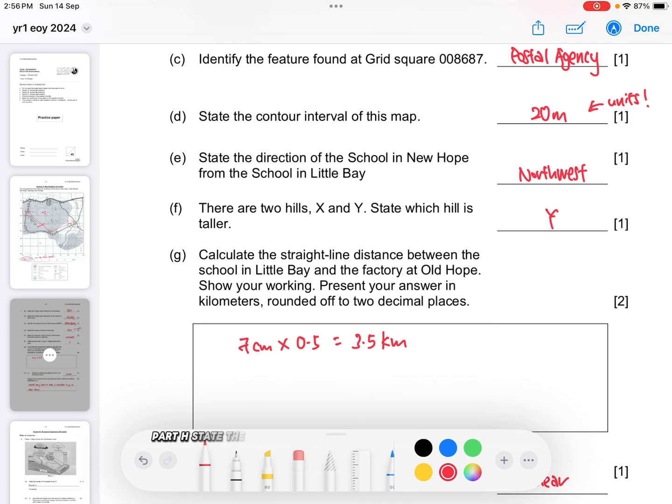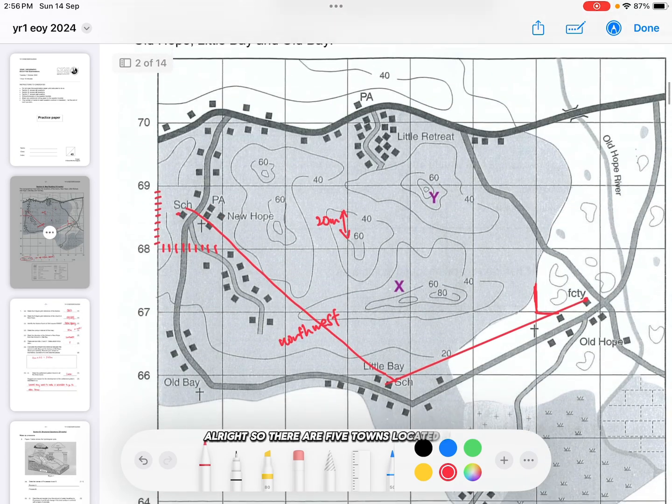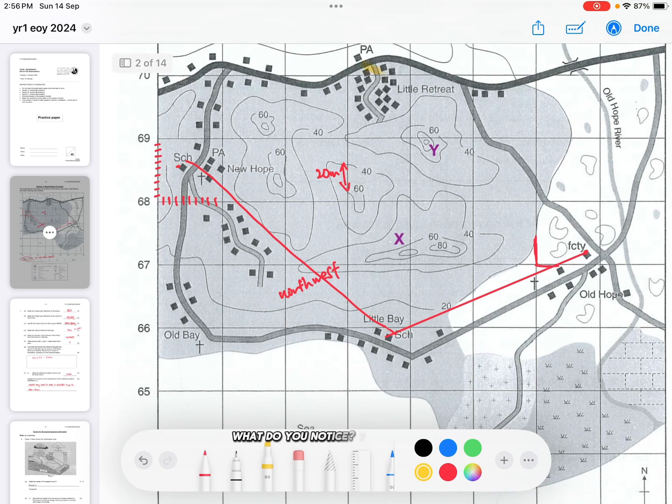Part H, state the settlement pattern found in all the 5 towns. There are 5 towns located here. What do you notice? This is a town. Over here is also a town. It kind of follows the road. So what do we call this? It's called linear. 1 mark for linear. And then part 2, suggest one reason for the development of the settlement pattern identified in 1.